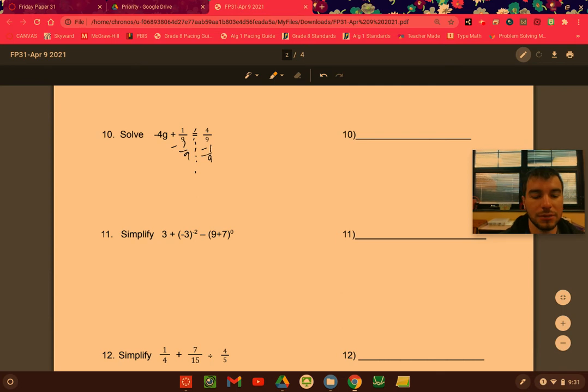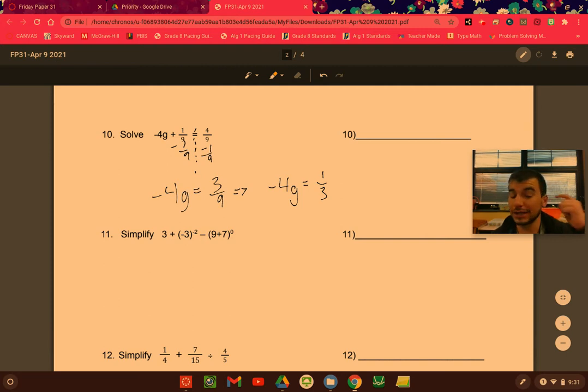There's my line down the middle. Now I have negative 4g is equal to 4/9 minus 1/9, which is 3/9, and we can reduce that. So it's still negative 4g, but equal to 1/3.